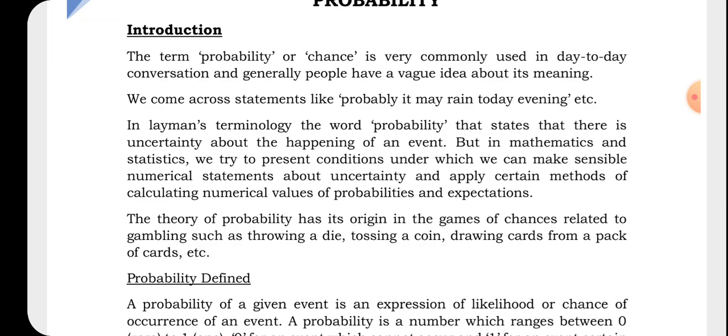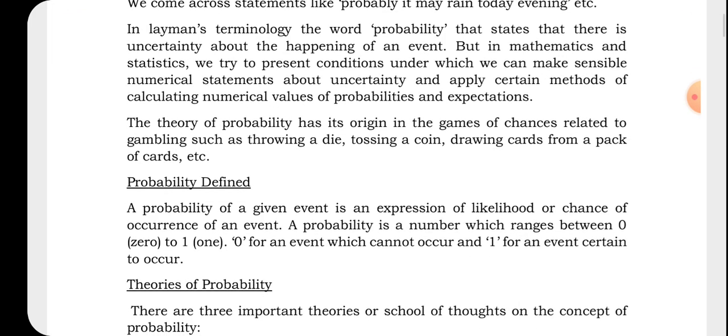A value is assigned on the basis of some methods or some theories. And the term probability has got its origin from the games of chances, particularly related to gambling, like tossing of a coin, throwing of a die, drawing cards from a deck of cards, etc.